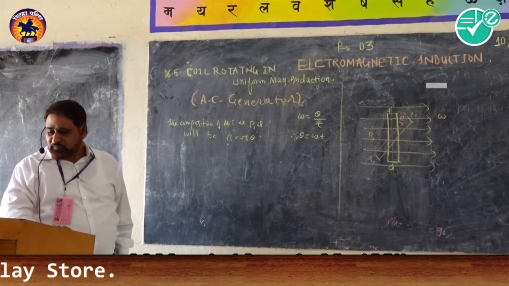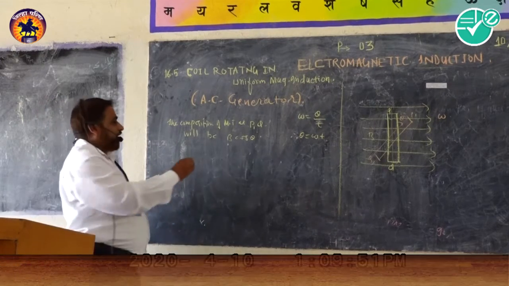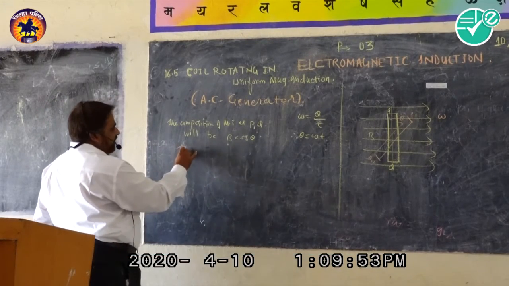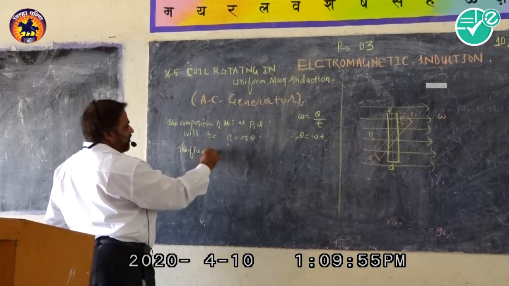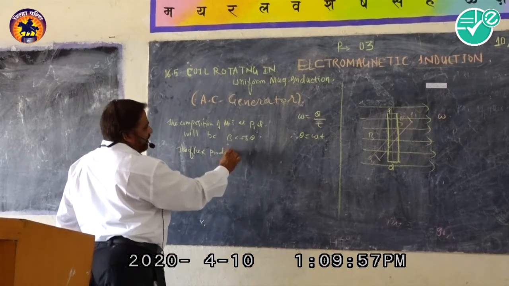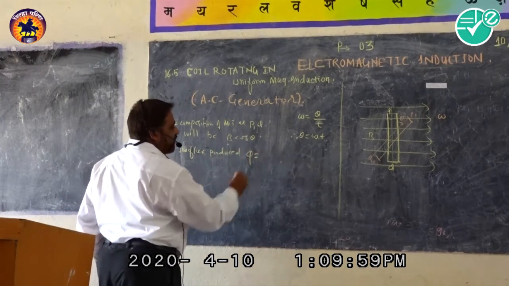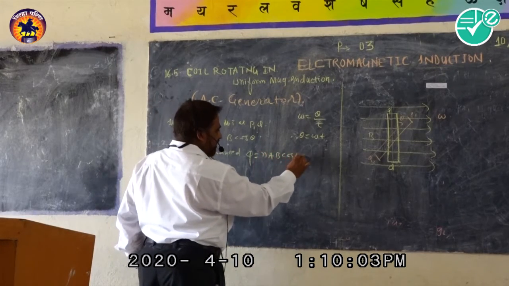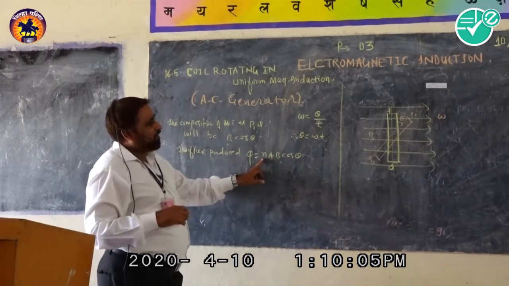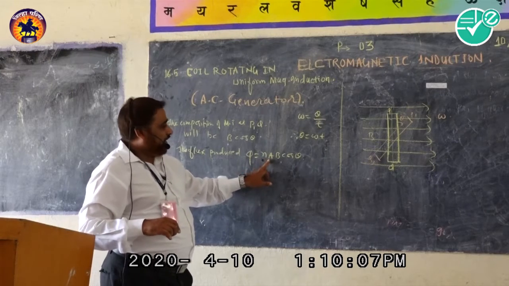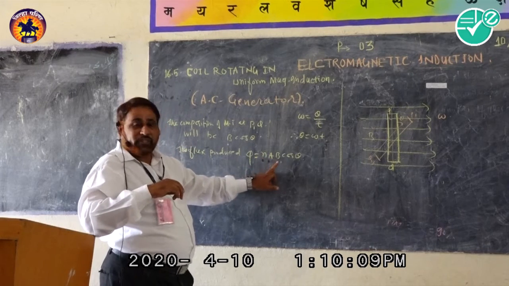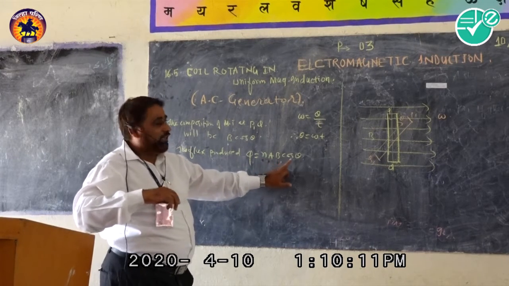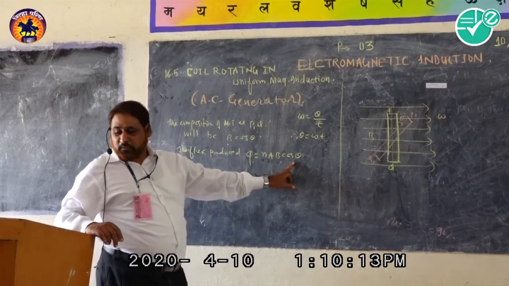Now the flux produced is given by phi is equal to N A B cos theta, because the total number of turns is N. A is the area of the coil, where B is the magnetic induction, and cosine of the angle theta between them.